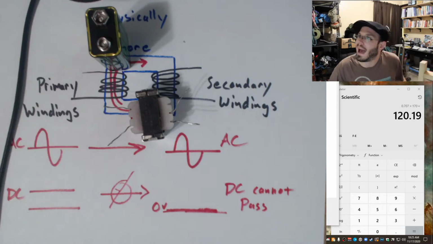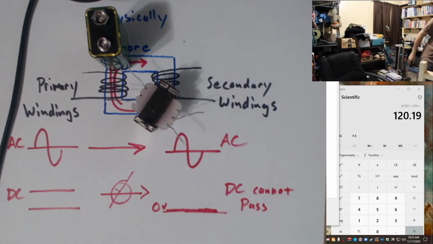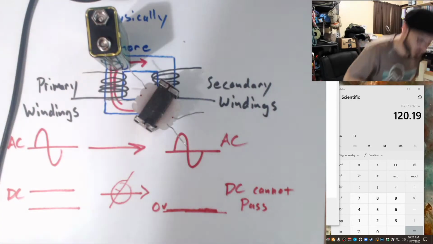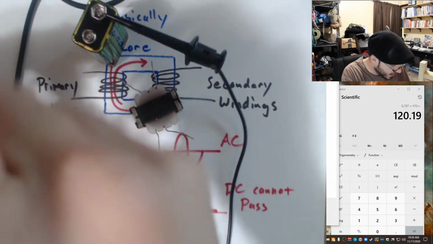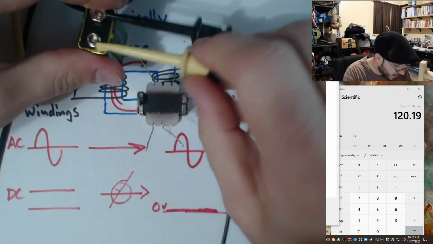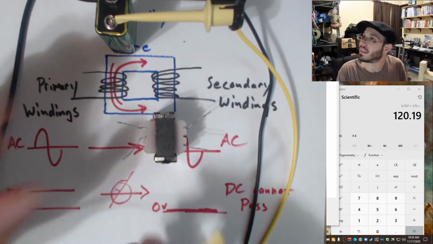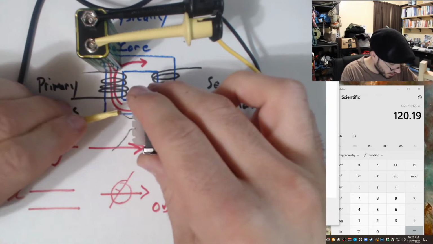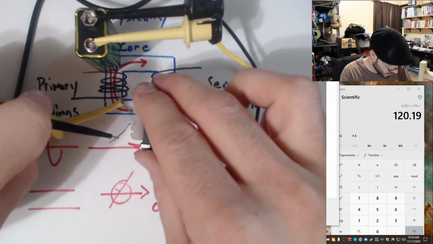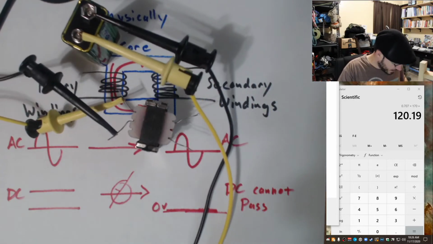If I take a 9-volt battery and hook it up to the input, we're going to look at the output on the scope. So I'm going to take my black mini grabber clip and clip that to the minus side. I'm going to take the yellow one, and that's going to be connected to our positive 9 volts. And I'm going to take this to the input of this transformer.